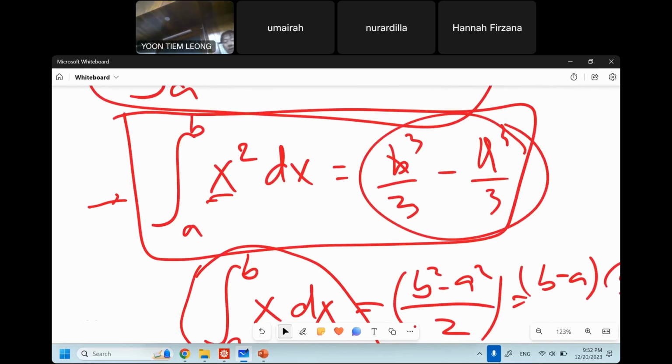We have not proceeded to prove this, but in an exam, for example, it may ask you to prove this. Everyone knows this result. The integral of x squared from a to b is b cubed over 3 minus a cubed over 3. But if I ask you to really prove this using the definition of Riemann sum, it will be quite challenging.